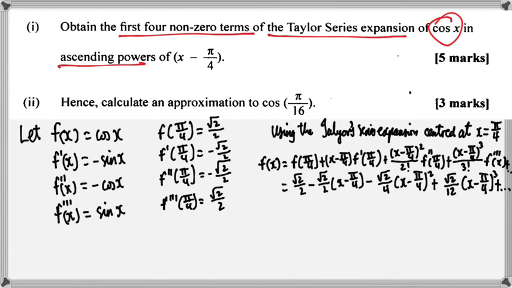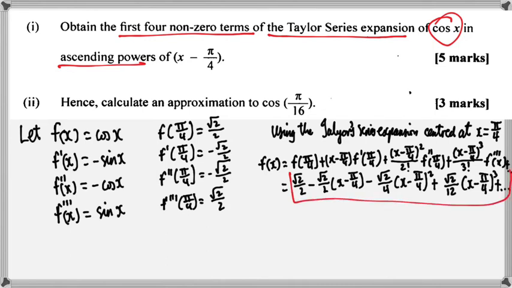So to approximate cos of pi on 16, you could actually plug cos of pi on 16 into your calculator and get the exact answer. But you would get that wrong because the question says hence. That means you have to use the information from the previous part.